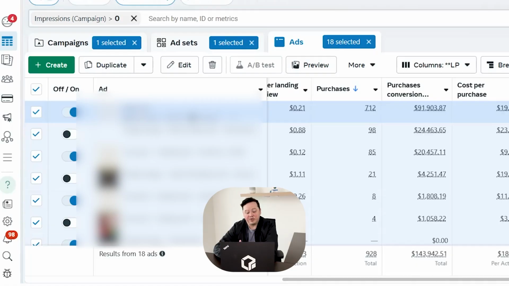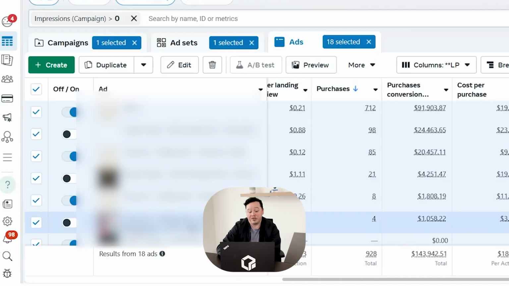But in this case, we found that the average order value for DPAs was actually about $100 less than anything with a static asset. Whether that's a carousel, a video, it didn't matter. As long as it was a static asset, it saw about $100 more in average order value.